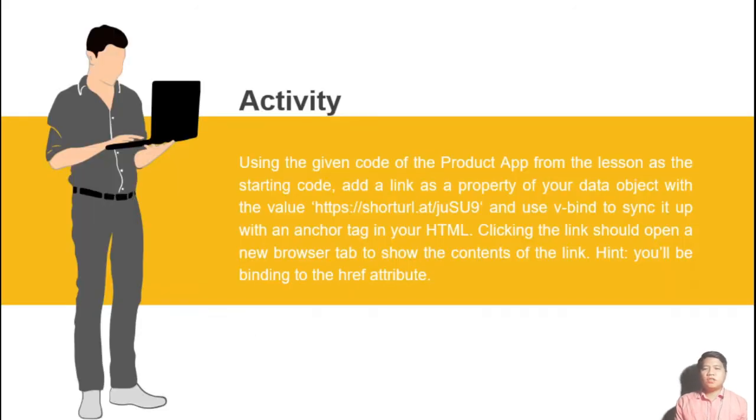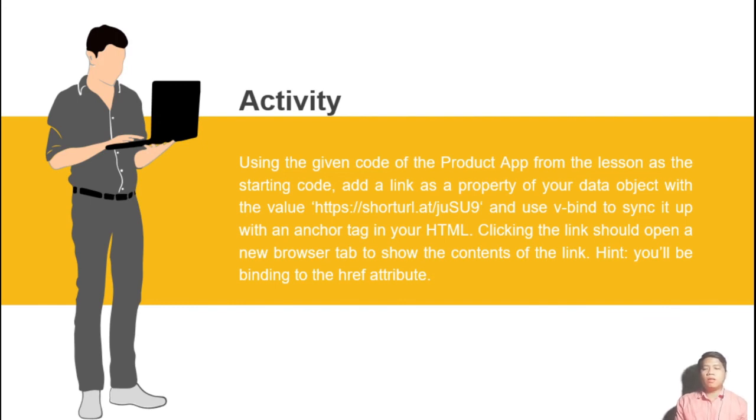For this lesson's activity, using the given code of the product app from the previous lesson as the starting code, add a link as a property of your data object with the value shown here, and use v-bind to sync it up with an anchor tag in your HTML. Clicking the link should open a new browser tab to show the contents of the link.